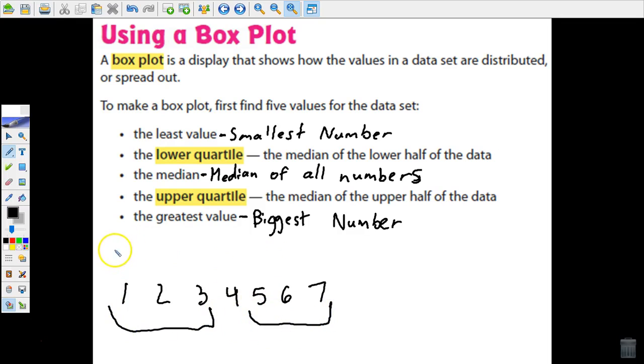So 1 is the least value, LV. Okay? 7 is my greatest value, GV. 4 would be my median, M. And then 2 would be my LQ, my lower quartile. And then 6 would be my UQ, upper quartile. Okay?